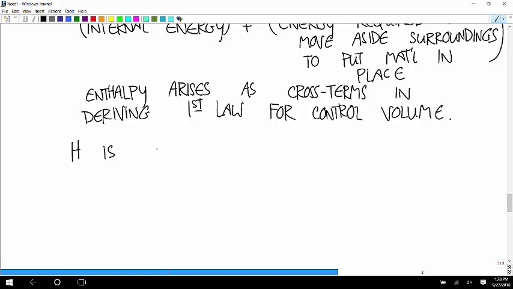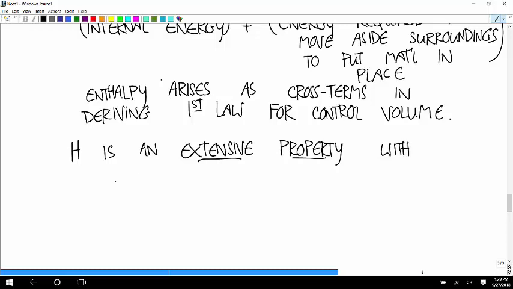H is an extensive property. So it's a property and it's extensive. So remember both of those. And it has units of energy.